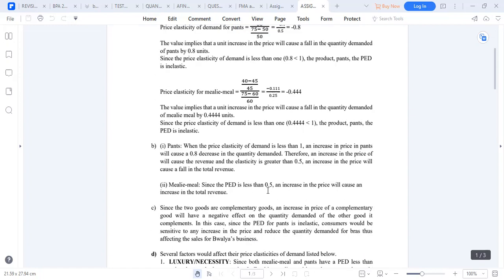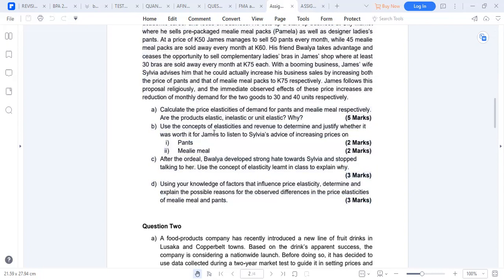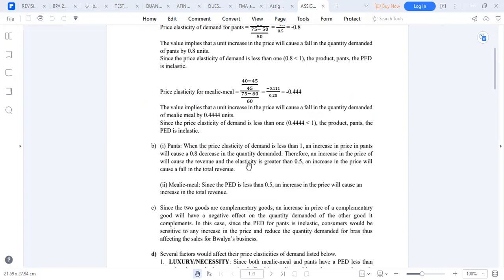Okay. So what was the second question asking us to do now? Use the concepts of elasticities and revenue to determine and justify whether it was worth it for James to listen to Sylvia's advice of increasing prices on the two products. So regarding the pants, since elasticity is less than 1, an increase, of course, will give us a loss, but not a significant one.